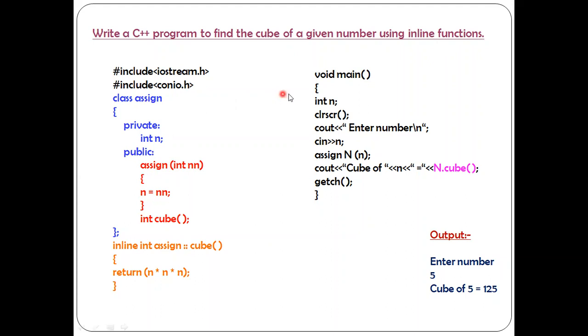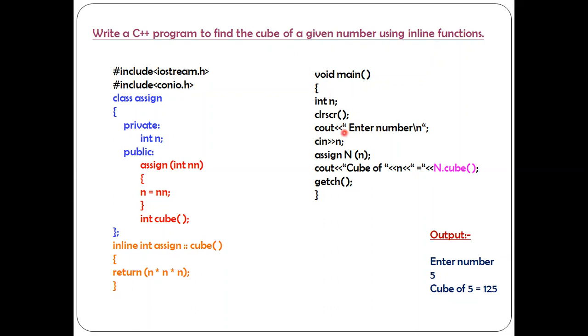As we all know, C++ program execution starts from which particular line? The void main function, open flower bracket. In the next line, we have declared one variable named n, of type integer. Then comes clrscr, which stands for clear screen function.